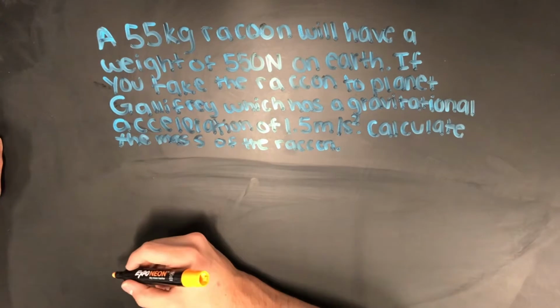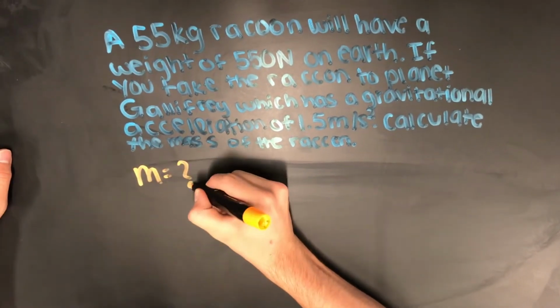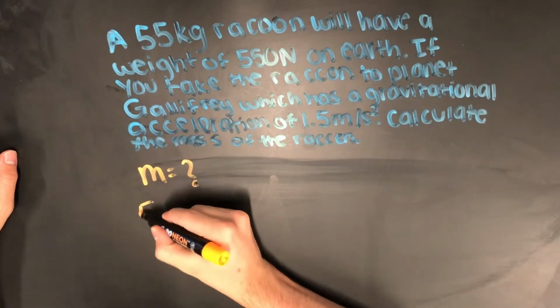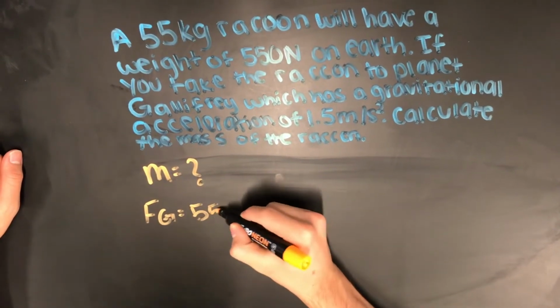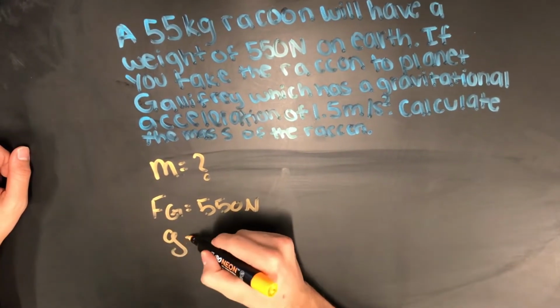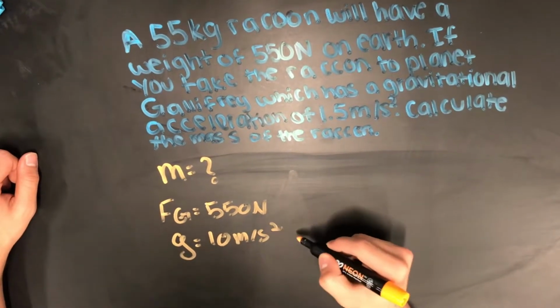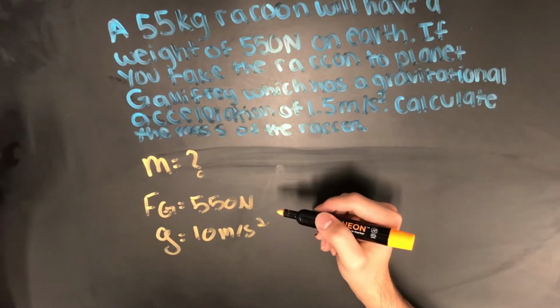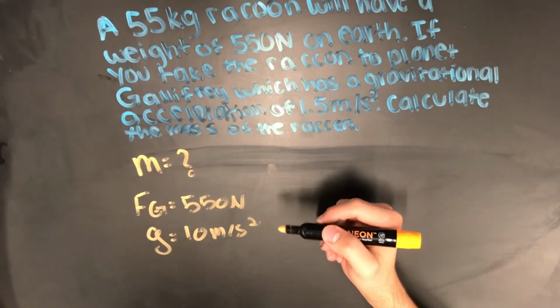So for the example, we're going to be finding the mass, and we know that the force of gravity is 550 newtons, and that the g will be 10 meters per second squared. We use 10 because mass doesn't change on any planet due to gravity, that is the weight.